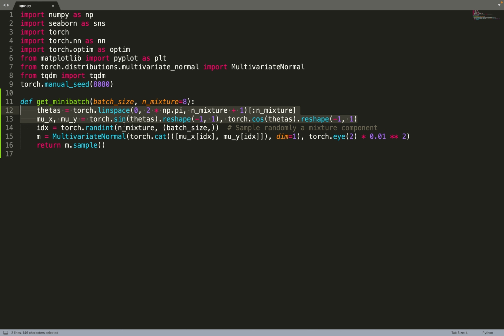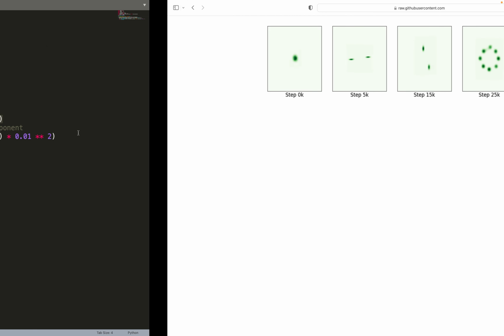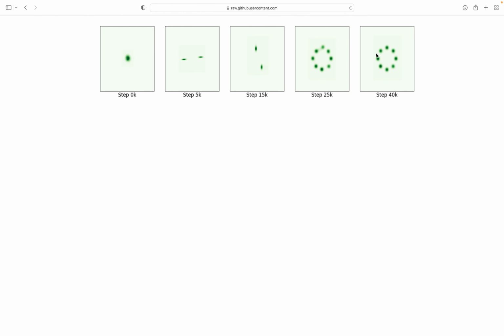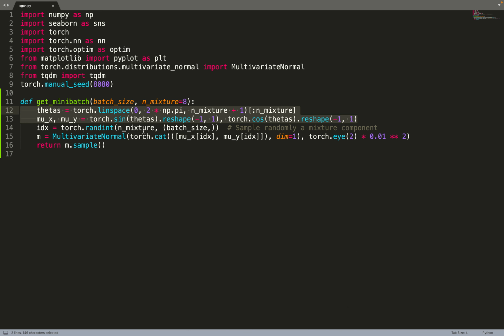And then as each mode is not a delta point, we have a distribution. So each mode is a 2D Gaussian distribution. Then we sample around those modes with a multivariate normal Gaussian distribution with a standard deviation of 0.01.